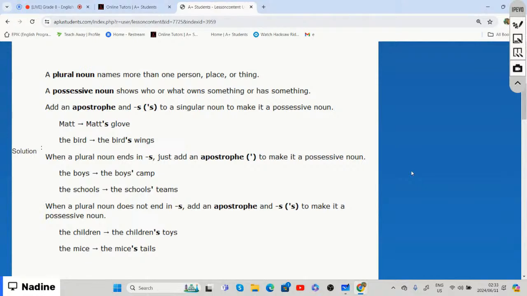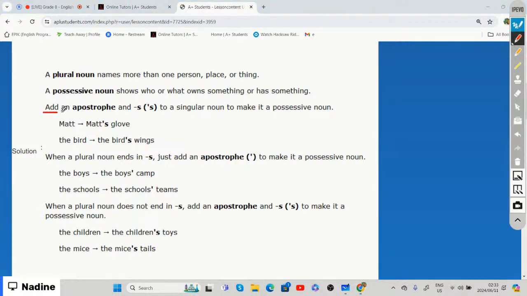And we need to add an apostrophe as well as an S to a singular noun to make it a possessive noun.